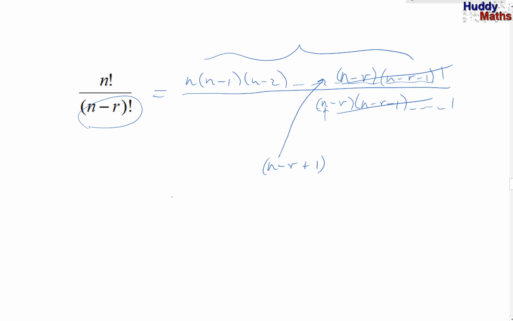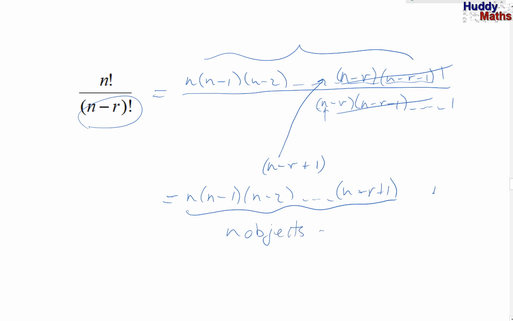Wow, we just found it. n by n take 1 by n take 2 down to n take R plus 1. That's what we said was what? The product that we wanted when you have the permutation of n objects taken R at a time.